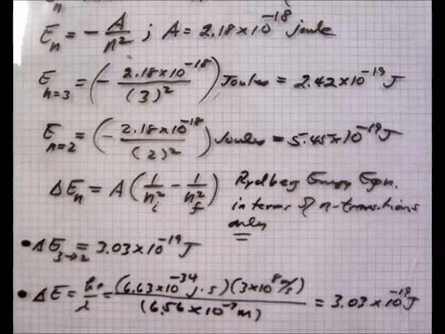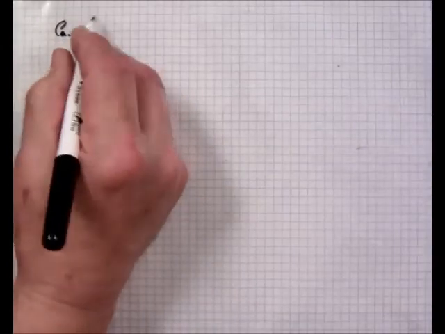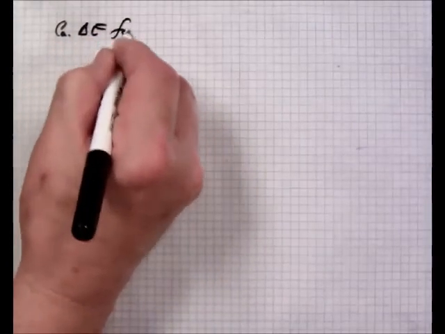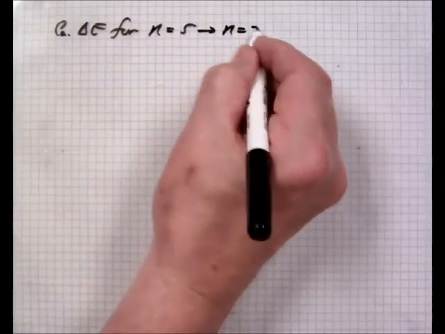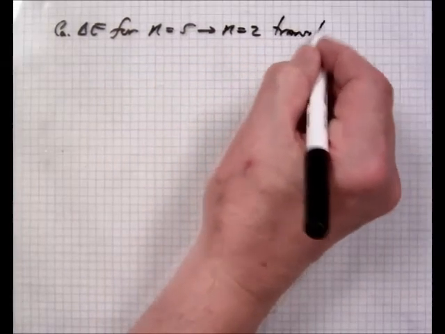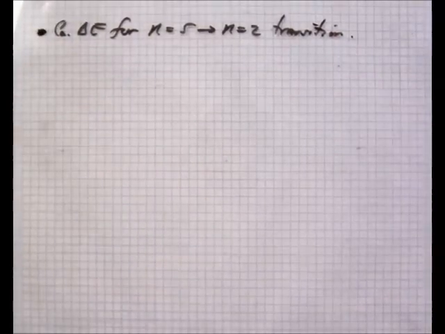And then you can calculate any transition that's up there. Right? It comes up and says, okay, calculate delta E for an n equal 5 to n equal 2 transition. Okay, that's one type of calculation.